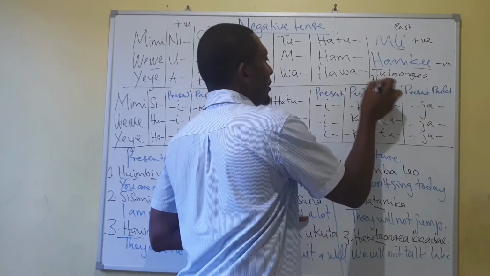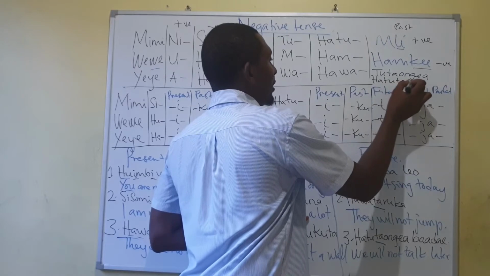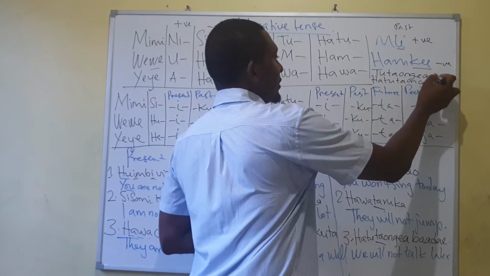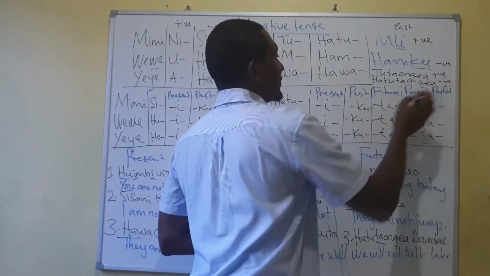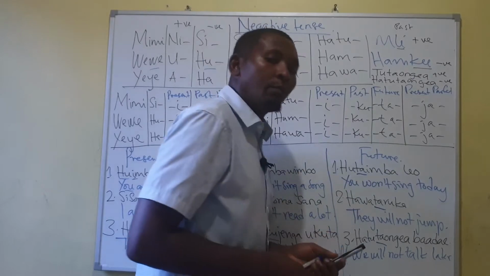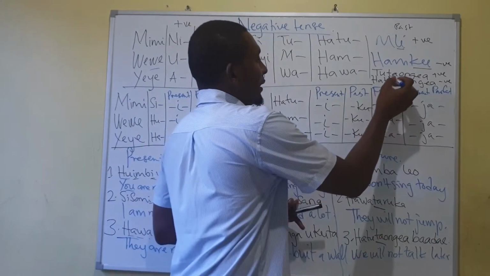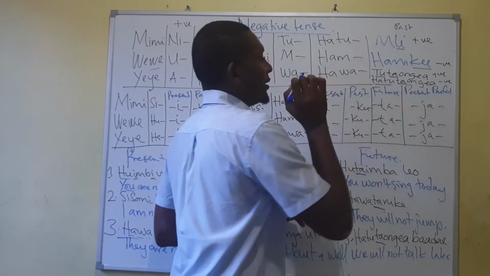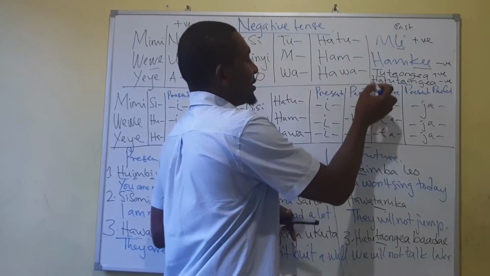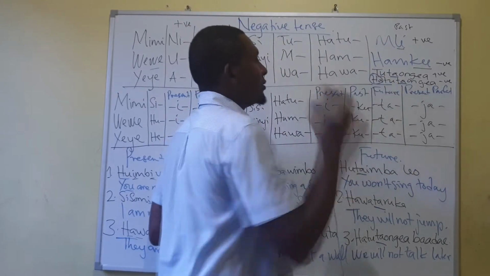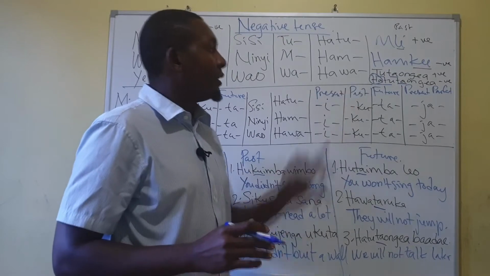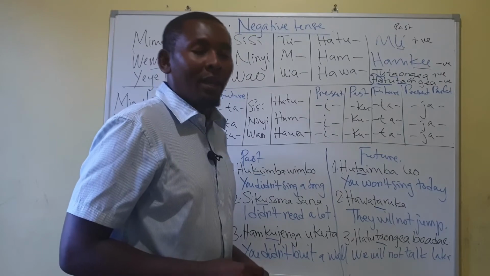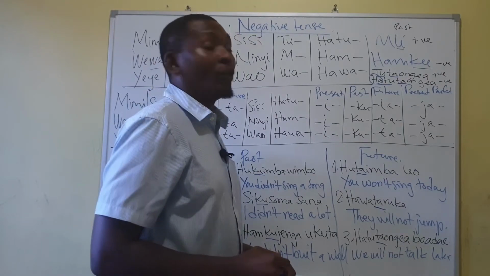Tutaongea, hatutaongea. So this is positive, this is negative. Ta remains, but these change. What changes here is ha. That's the only thing that makes it negative for the future.